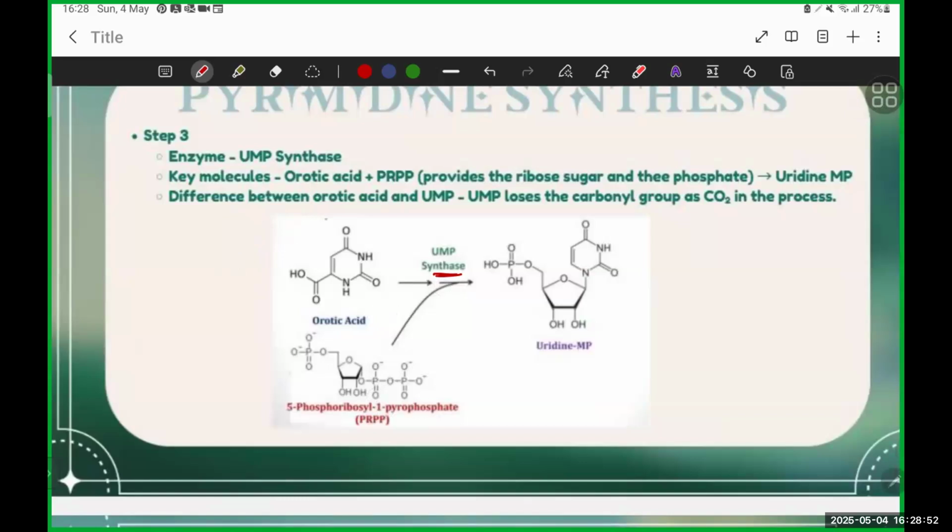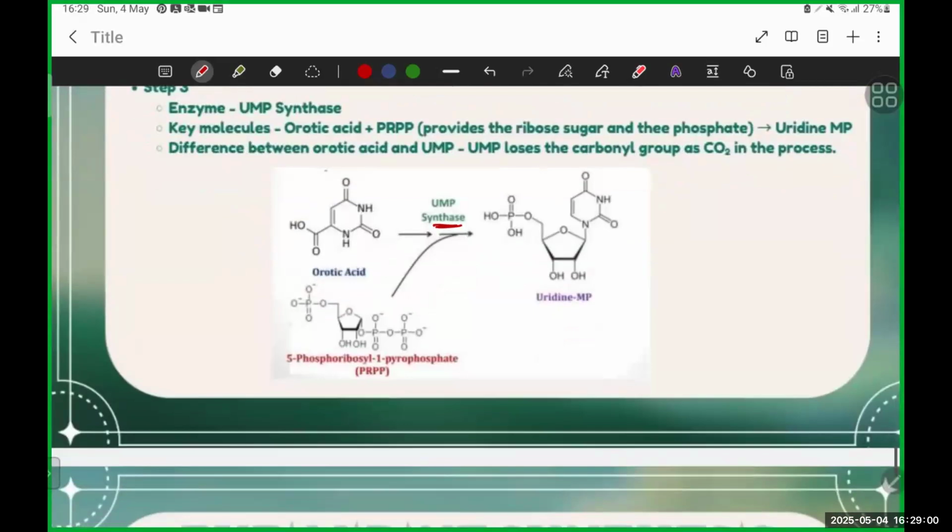There is a difference between the structure of orotic acid and UMP. You see, this part here, there's the carbonyl group, COOH.